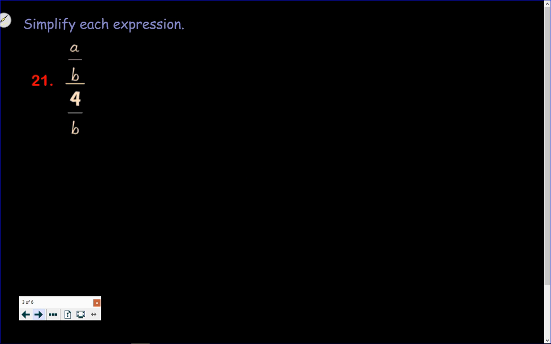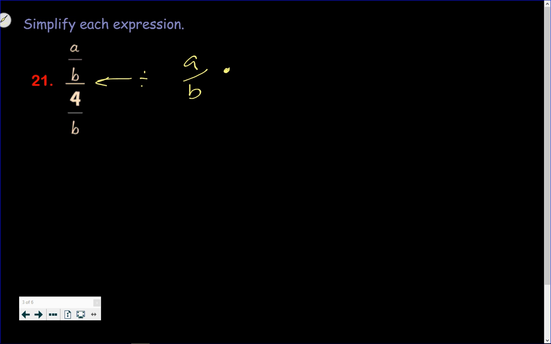Okay, so what do you got here? Fraction over a fraction, right? So do I have to modify anything here? We don't divide though, what do we do?